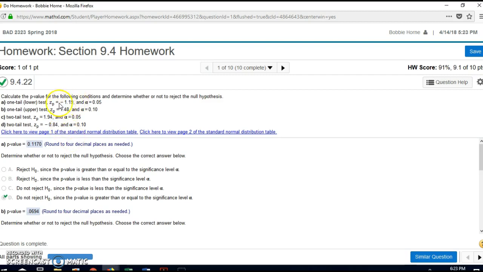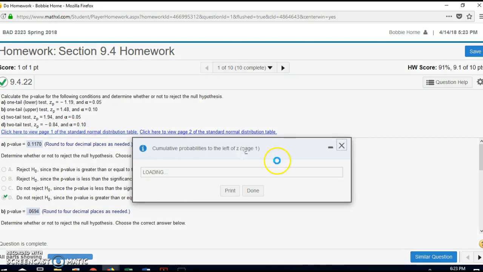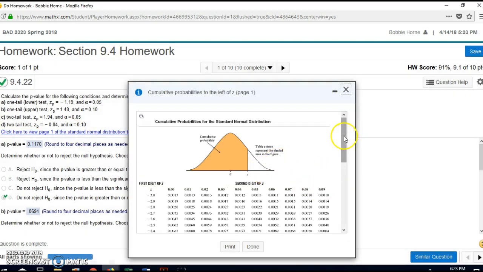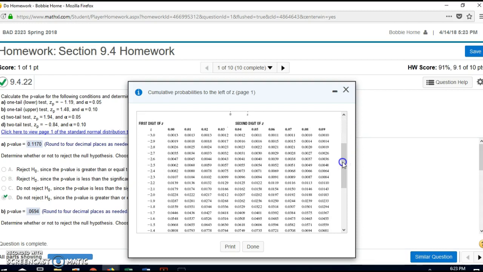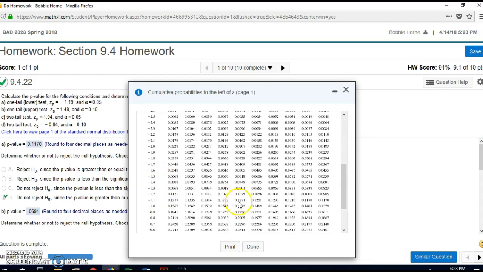But we see that alpha is 0.05, and we're using the z-table, the normal distribution table. And we're looking up z at negative 1.19, which would be right here, and here's our p-value. So that is how you find the p-value using the table.